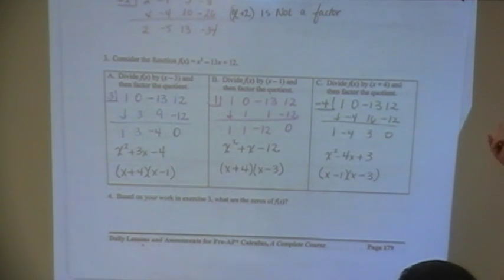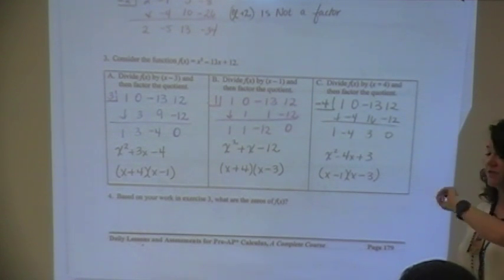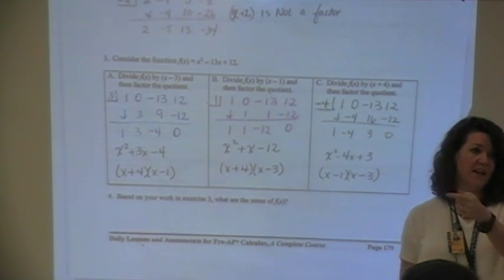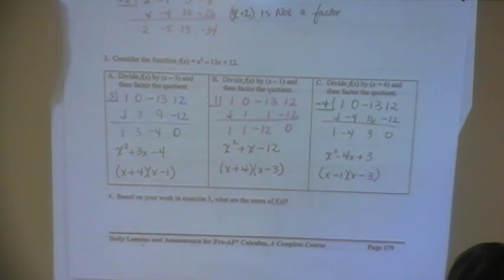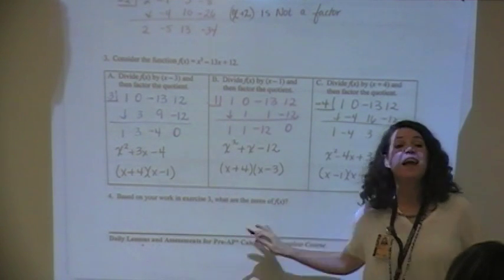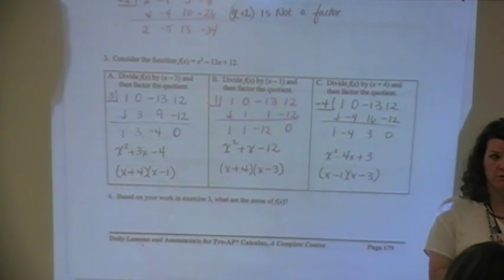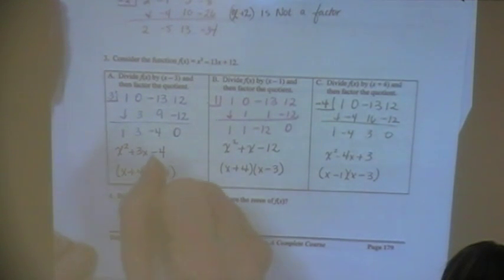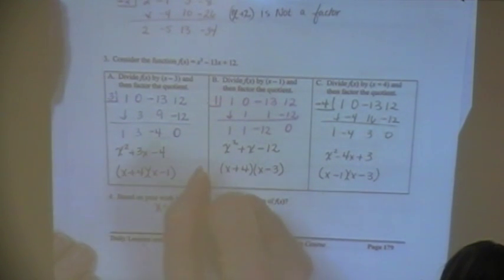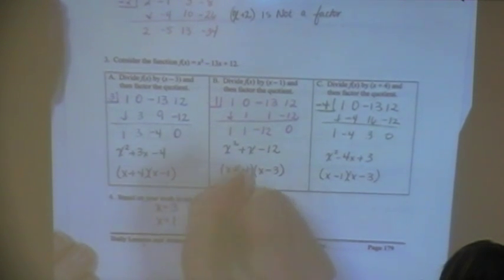But if you can figure out what one of your zeros is, then you can synthetically divide and you can factor from there. So based on what we just did, our zeros are, now these are written as factors. They ask us to write them as zeros, which means x equals. So the zeros are actually x equals 3, x equals 1, and x equals negative 4.